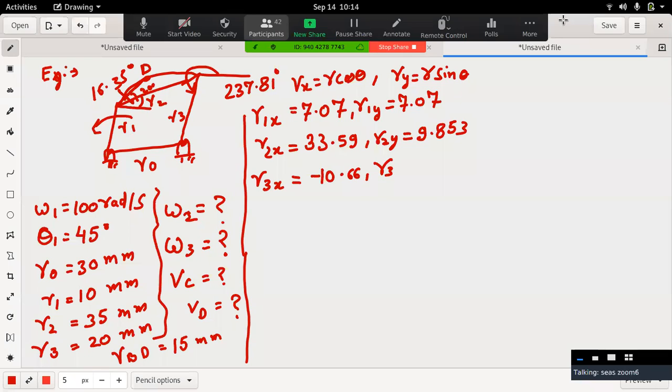Similarly, r3y is equal to minus 16.92. That is nothing but r3 sine of 237.81.